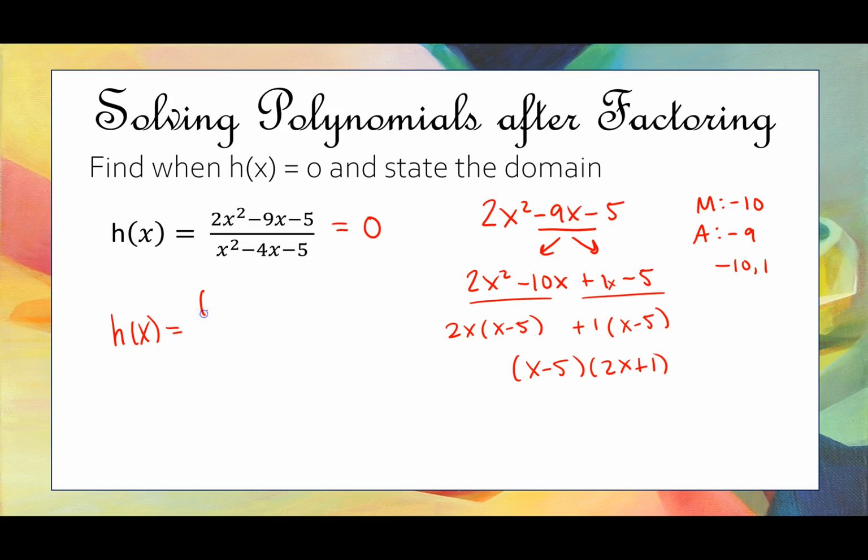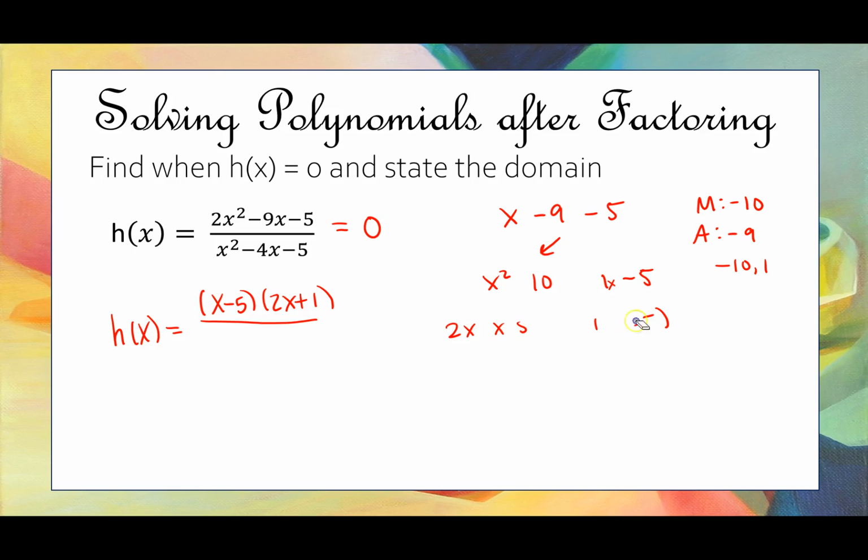Sorry, I didn't mean to yell at you. x minus 5 times a 2x plus 1, all divided by, now I have to factor the denominator, and that helps me find the domain. And this is one of those easy problems with the a equals 1, so we can do this one quickly. So what adds to negative 4 but multiplies to minus 5? Well, that would be a minus 5 and a plus 1. Negative 5 times 1 is this.